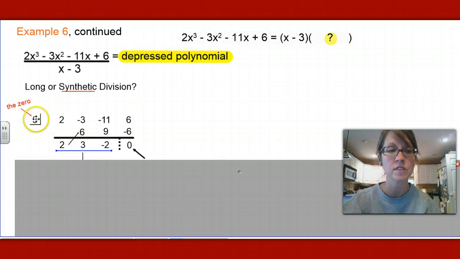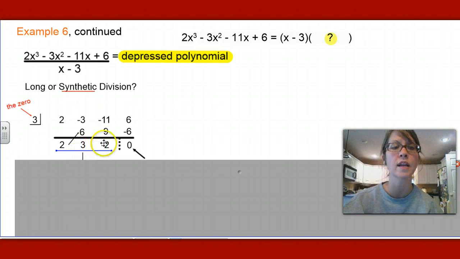And then we take the 0 again, the 3, multiply it by this 3 down here, and we get a 9 that we record in the next blank under the -11. And -11 and +9 produce -2. And then 3 and -2 give us -6. And 6 and -6 give us 0.